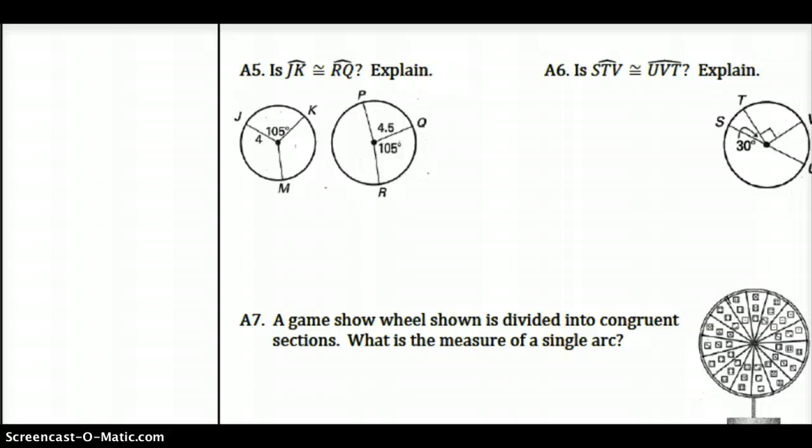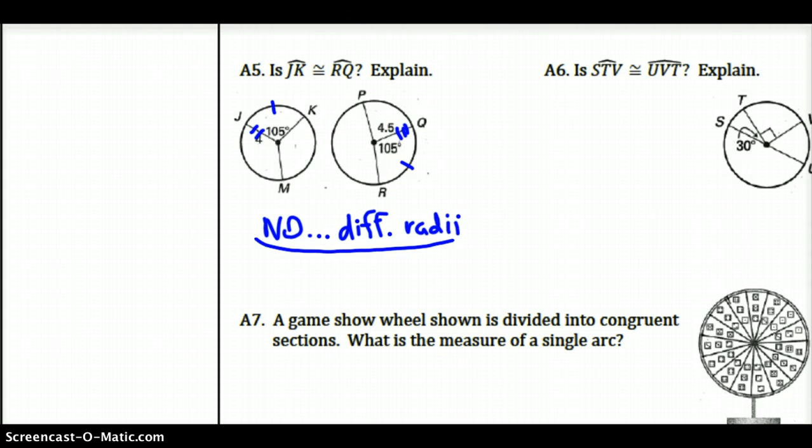I see that my measures are congruent, so this measure is congruent to this measure, but this is not the same as this. So no, we have different radii. We have the same measure, but different radii. Over here, if I have 90 here, 30 here, I leave 60 degrees here.